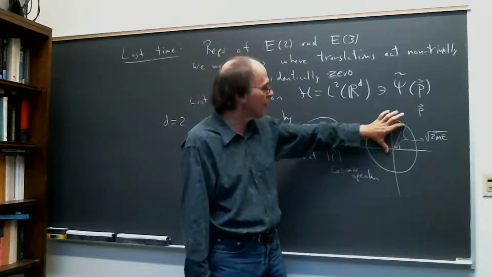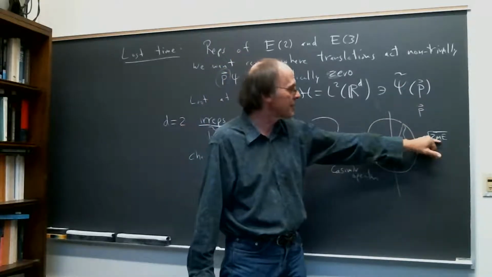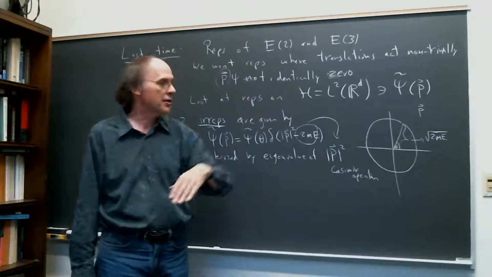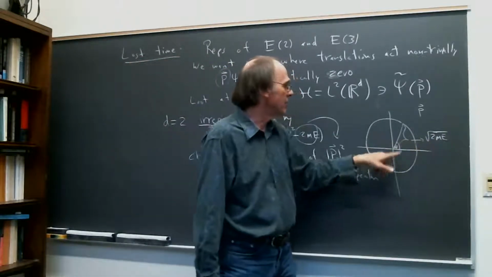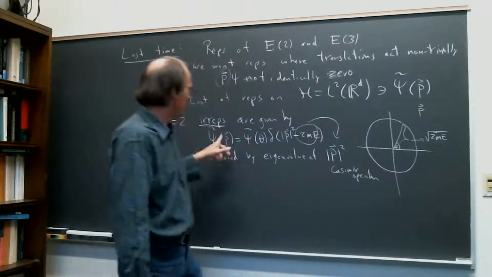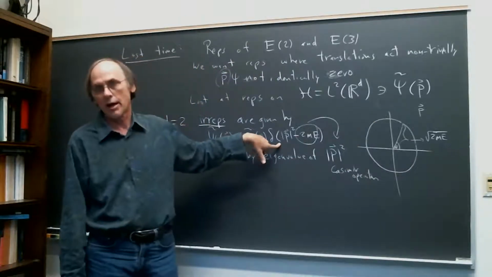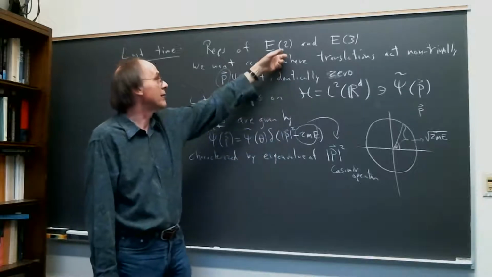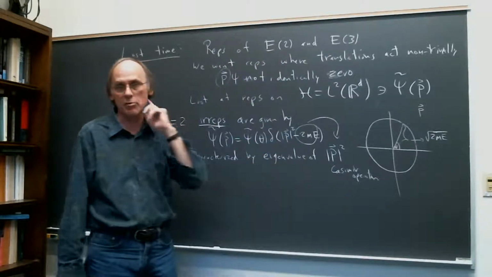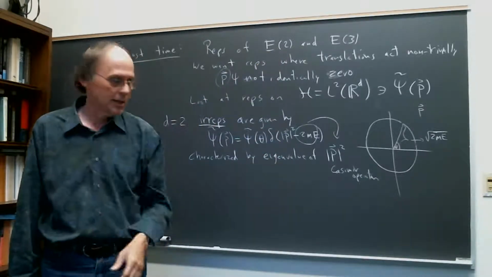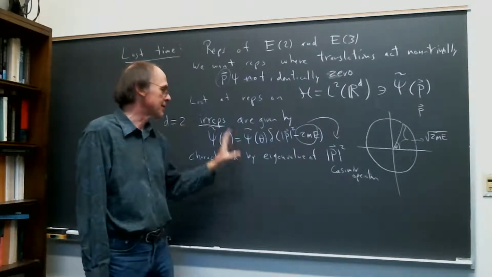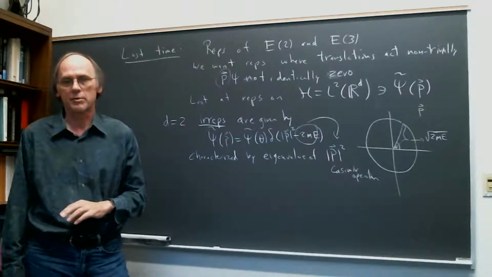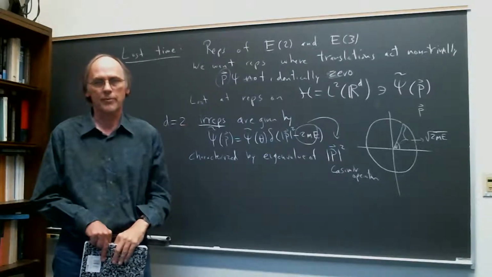If you fix that, you're also fixing the energy. So if you look at the wave functions of a fixed energy E, you're looking at wave functions of this kind in momentum space, and you can work out what E2 does to them. It gives an irreducible representation, and the fact of the matter is that's all there is. That's the end of the story about irreducible representations of E2.